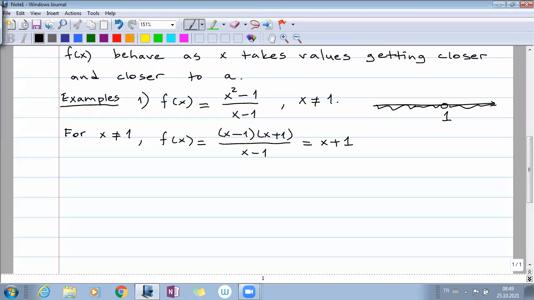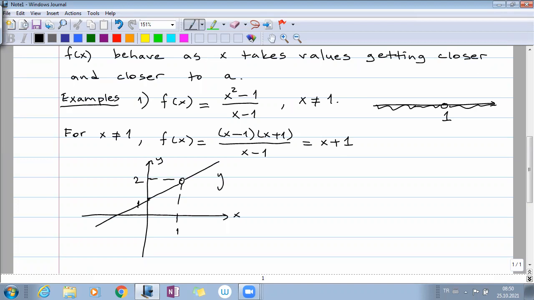So if you consider the graph of this function, 1, 2, this point is deleted. And then when x is 0, it is 1. So this is the graph of y equals f of x.